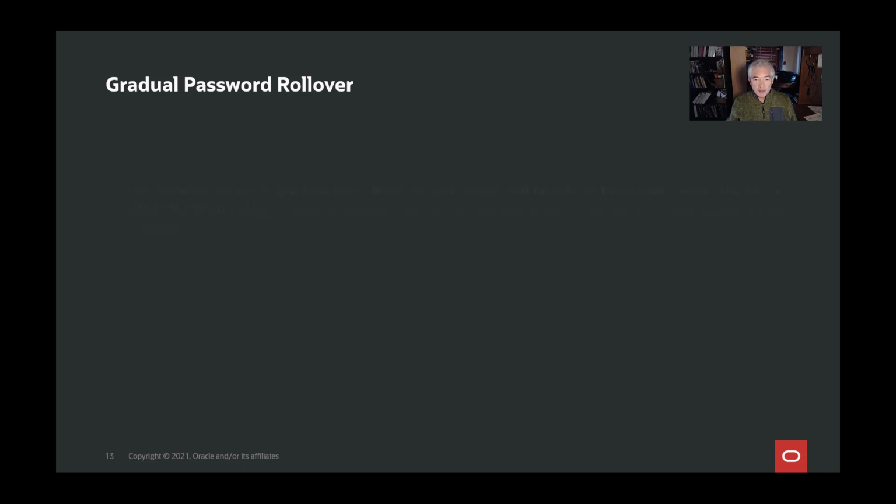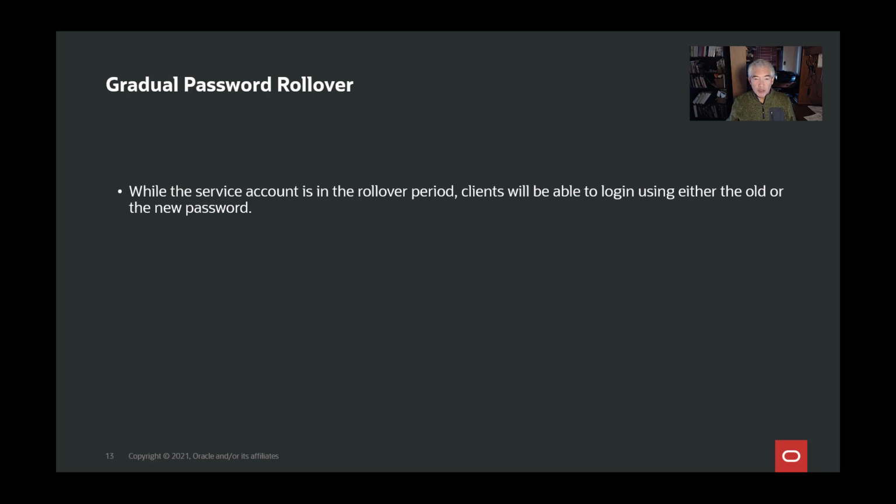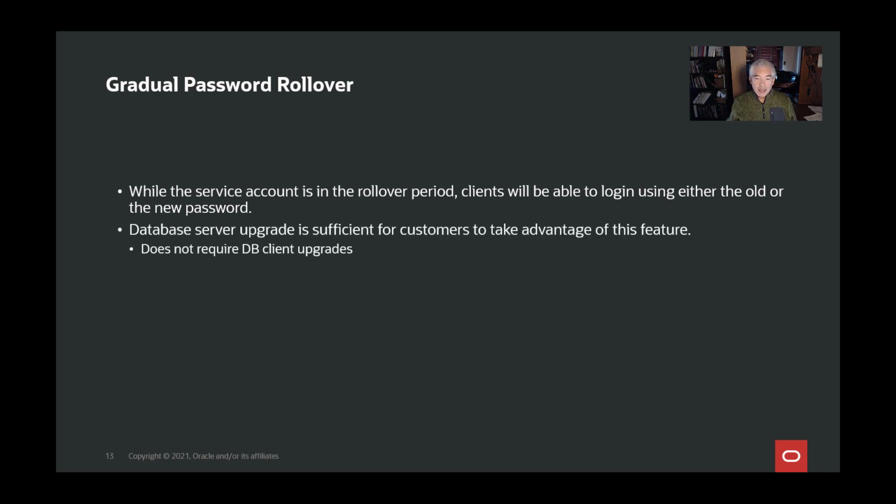Some additional notes. As we said, both the old and new passwords can be used during the rollover period. Only the database server needs to be 21c. Existing supported database clients will be able to leverage this new feature without getting patched or upgraded. This has already been backported to DB19c, specifically DB 19.12, which was a July 2021 release update.